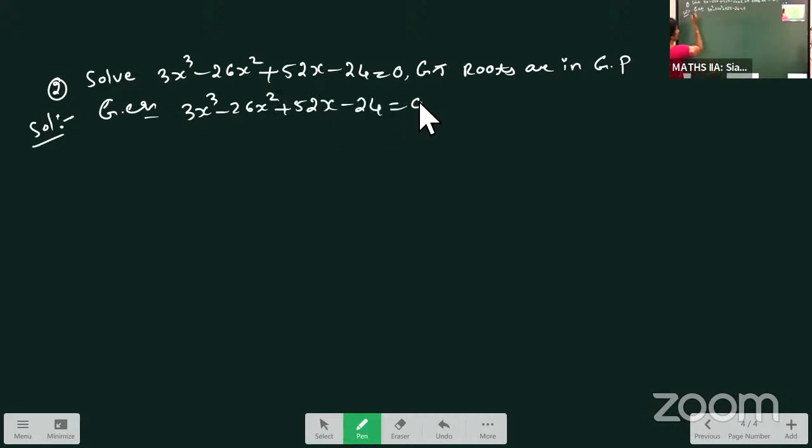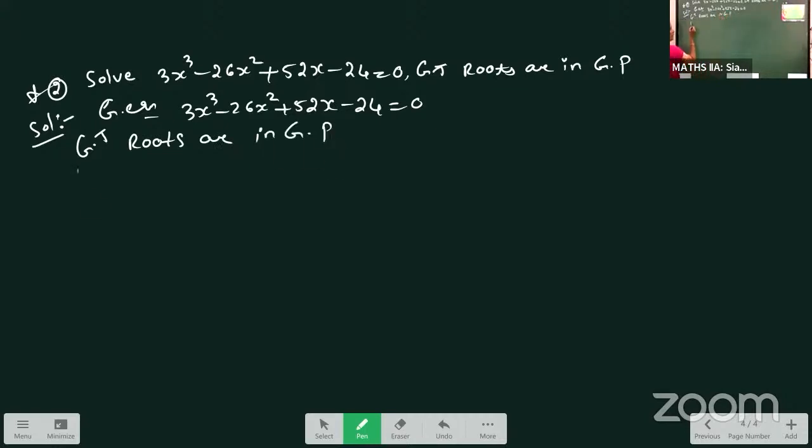In the final exam, this question was asked in the March exam, March 2023. What is the given condition? Roots are in GP. Only when this is given do we take the roots this way. Otherwise, we go with alpha, beta, gamma.